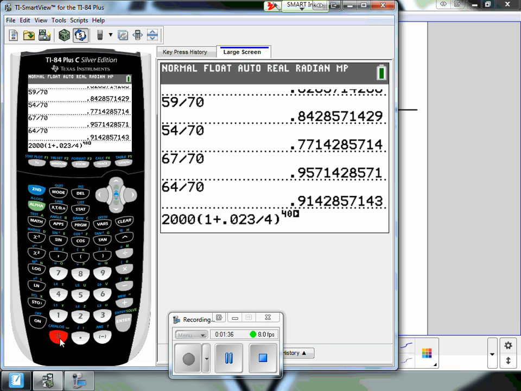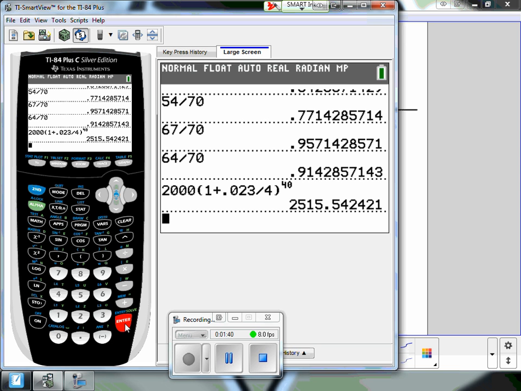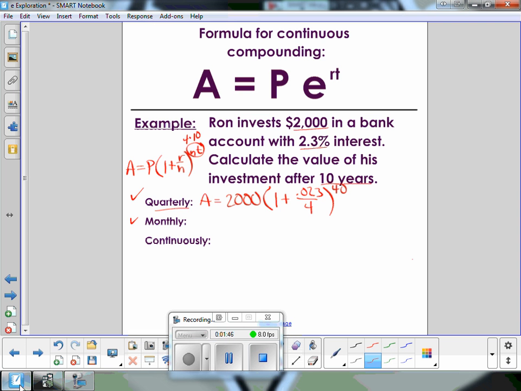And after those 10 years, or 40 compounding periods, Ron's investment would be $2,515.54. Not a bad return on his investment of $2,000.